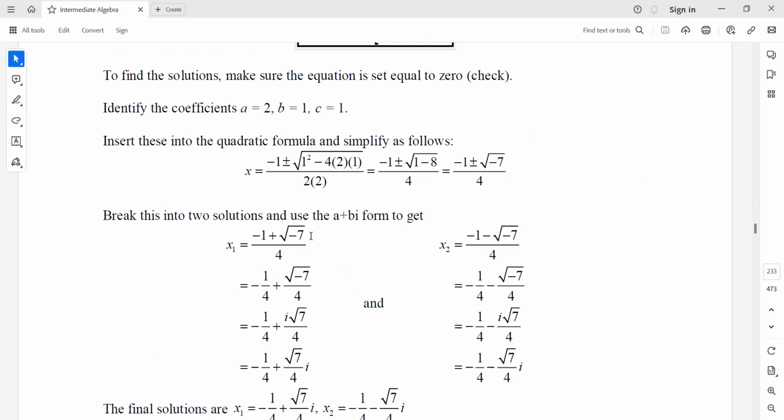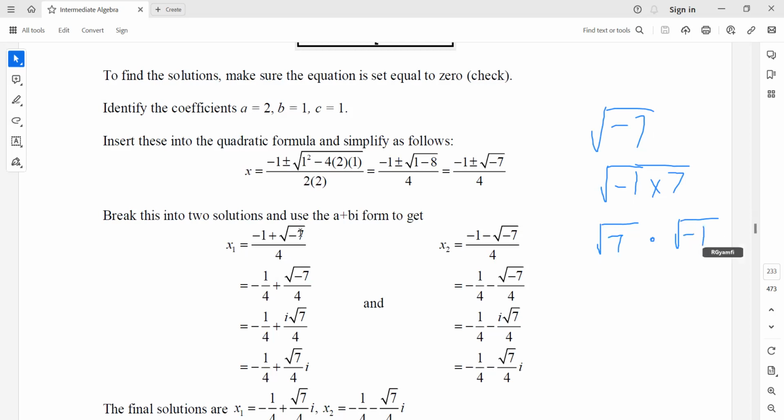Now the problem is the square root of negative 7, so we have to fix it. If we are fixing the square root of negative 7, we are going to have the square root of negative 1 times 7, right? Now I can bring the square root of 7 out, times the square root of negative 1.